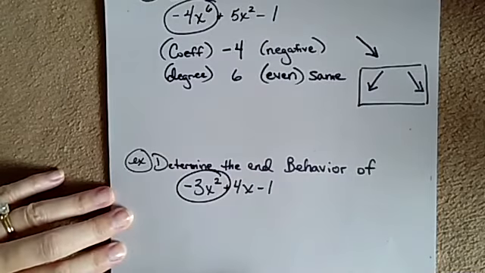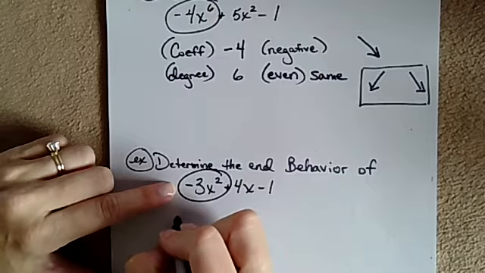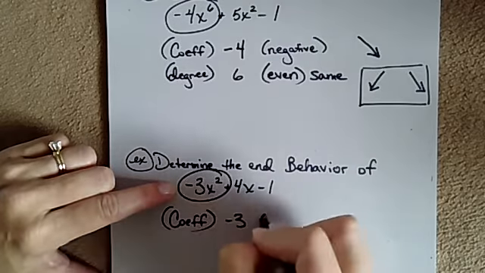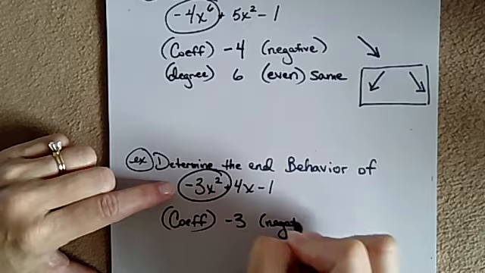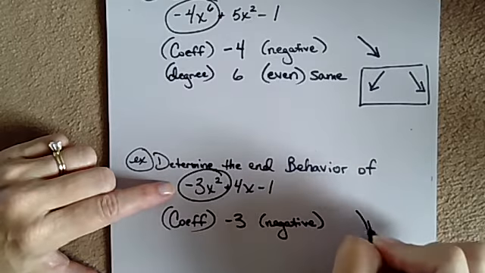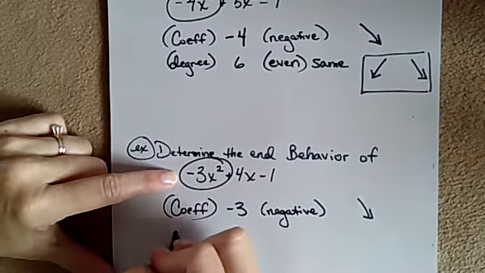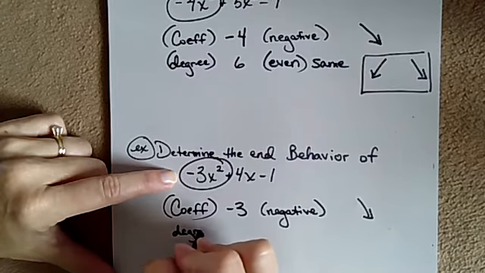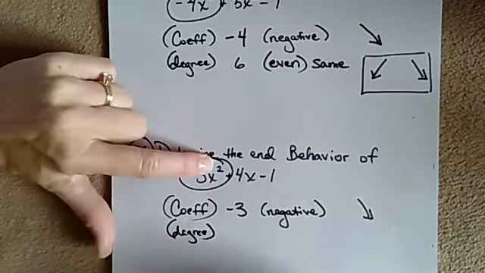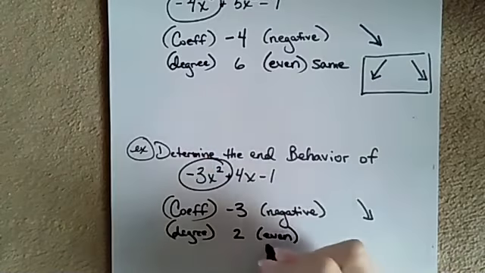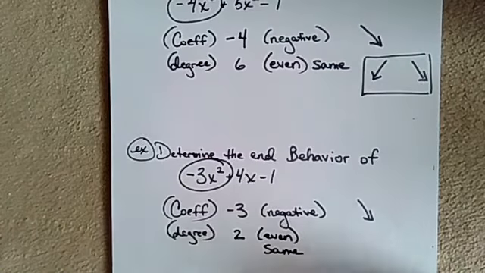Let's look at the leading term. First, the coefficient is -3. So it's negative, which means it goes down. Then let's look at the degree. 2, which is even. Just like the last one, means same direction.